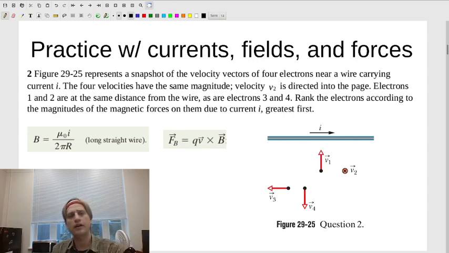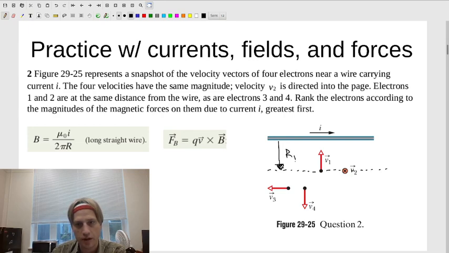This problem I assigned you to try to think our way through some issues about the magnetic fields surrounding a long straight wire. So we have particles whose velocities are directed in different directions, and they are at different distances to the wire.